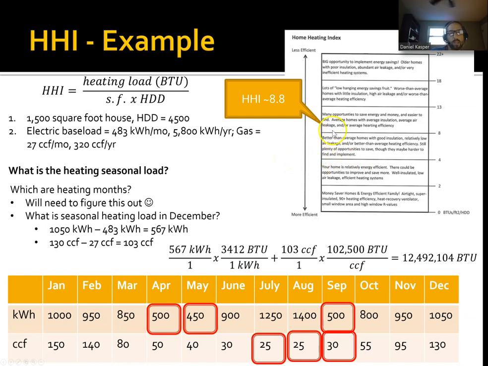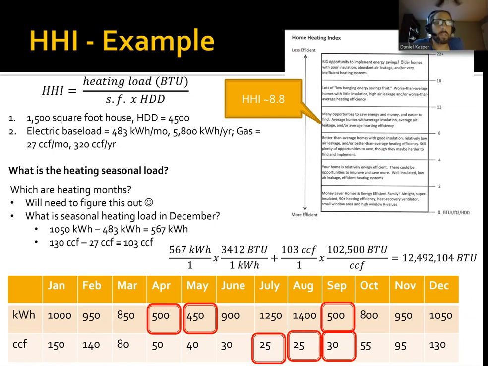What that does is tell you you're right here on the scale. It may be hard for you to read, but what that says is many opportunities to save energy and money and easier to find. Average homes with average insulation, average air leakage, and or average heating efficiency. So basically it's an average home.